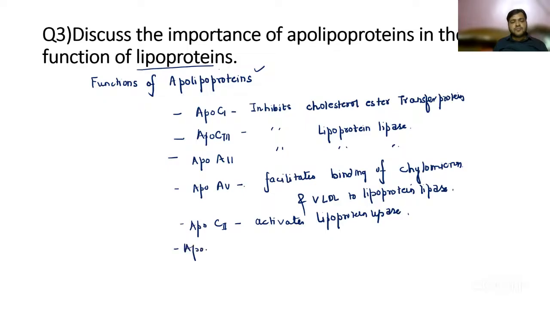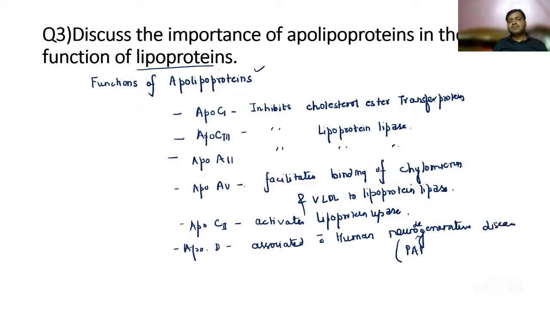Again, we have apoprotein D. Remember, this is associated with human neurodegenerative disease, and that is Parkinson's disease.